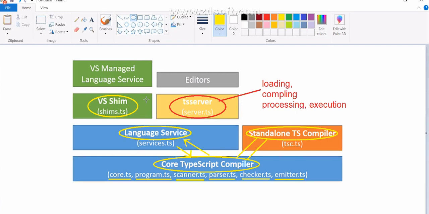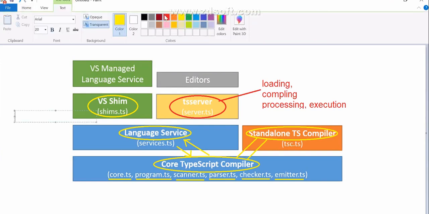Shim is a tool used by the majority of programming languages that call themselves cross-platform. If you have heard anywhere the word cross-platform, Java is cross-platform, .NET is cross-platform.